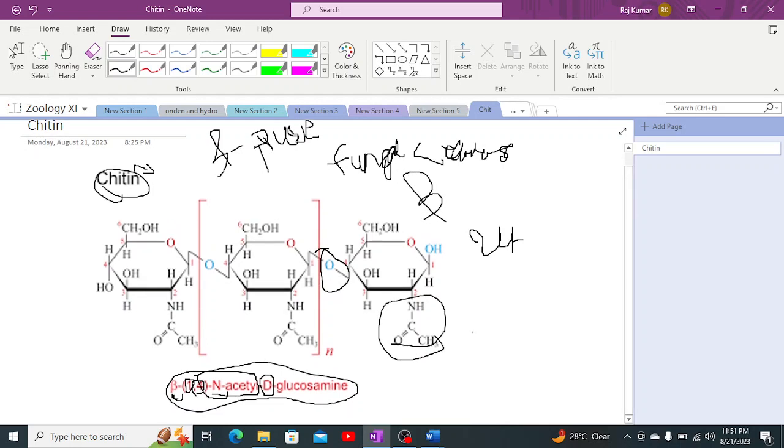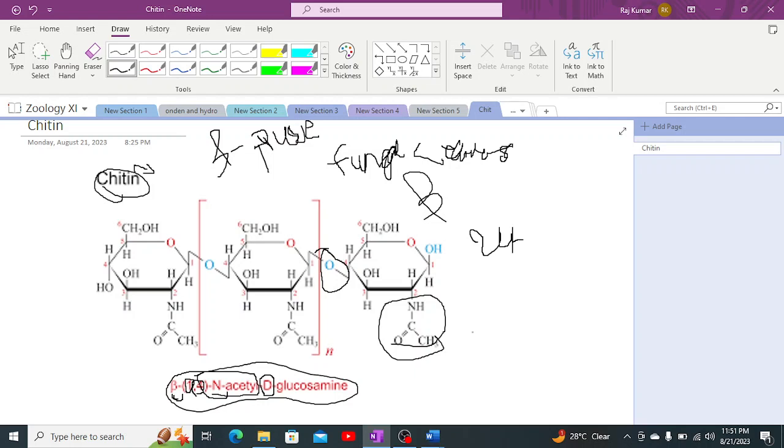Alongside that, chitin is present in the fungal cell wall as we previously discussed, and it is known as fungal cellulose, as it is written on the screen as well.